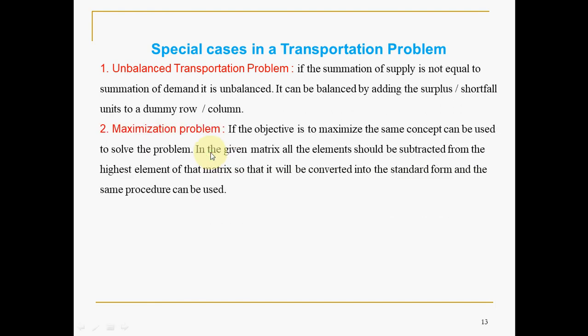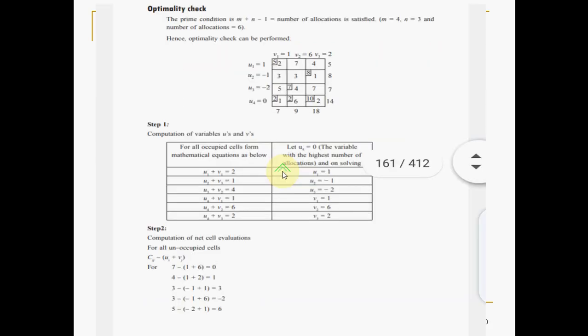Then the next one is the maximization problem. Sometimes they will ask you to maximize the profit. Of course, transportation is always minimization, but the same algorithm is used. It's very rare, so it is a theoretical concept. If they ask you to maximize the profit using the transportation algorithm, giving profits instead of costs, then one step is extra.